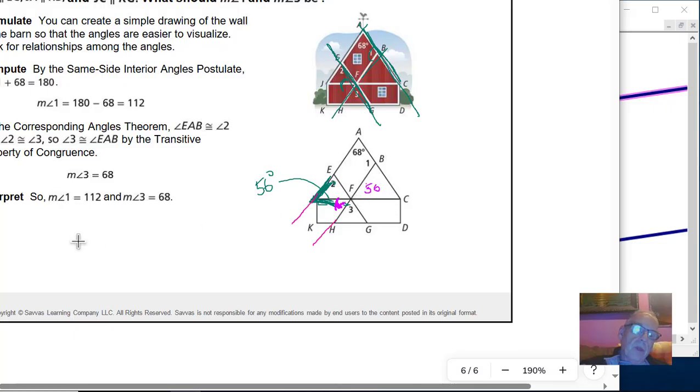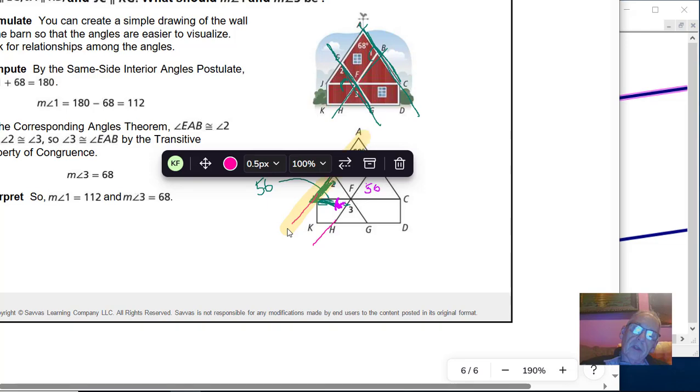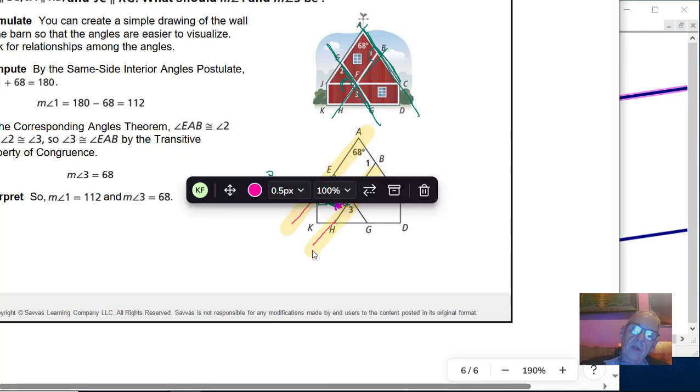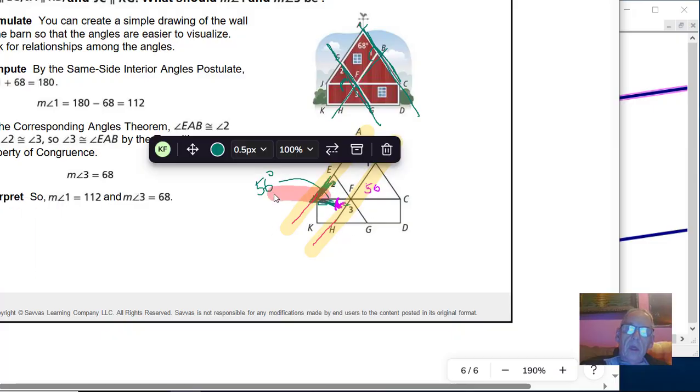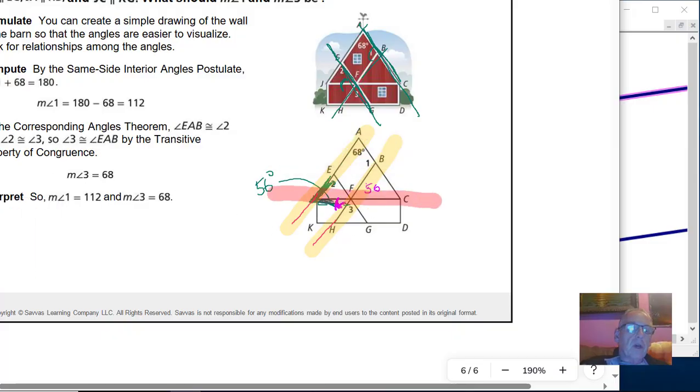With these being the parallel lines, let me put the parallel lines in like this. Here are the parallel lines that we're dealing with. Here's our transversal line. Let's see what we've got. So if this is a 56 degree angle, by corresponding angles, this is a 56 degree angle.